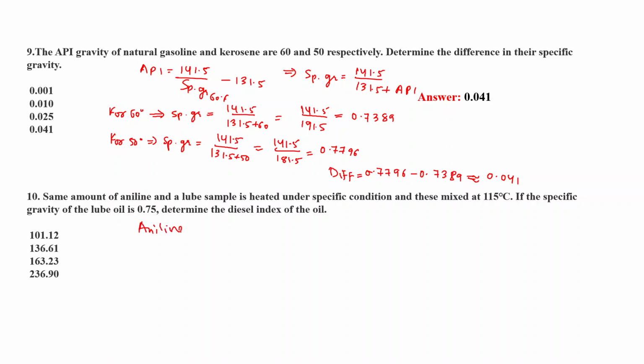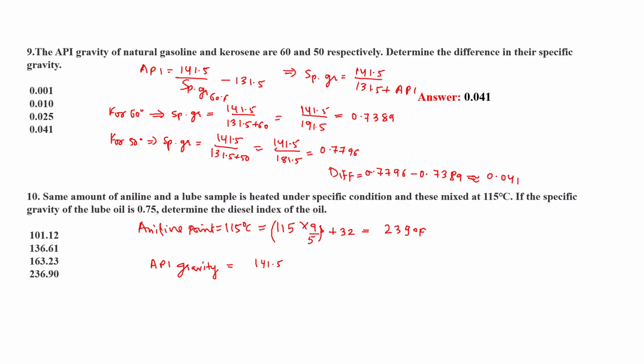So the aniline point is given as 115 degrees C. We want it in Fahrenheit, as in the formula the aniline point is in Fahrenheit. So we have to convert it to Fahrenheit: into 9 by 5 plus 32, which will give us 239 degrees Fahrenheit. So this is the aniline point in degrees Fahrenheit. API gravity we have to calculate as specific gravity is given.